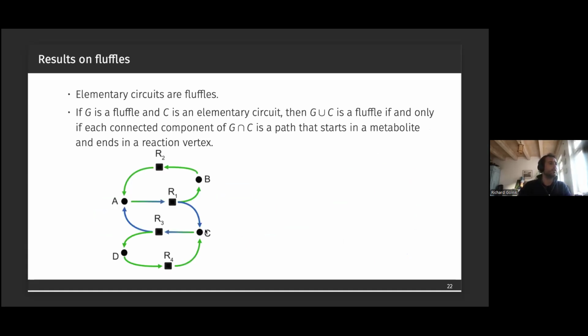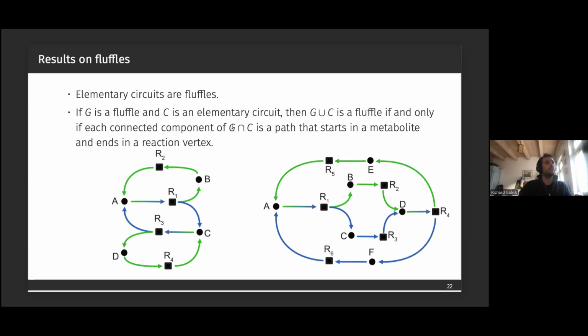I can also add another elementary circuit here, which shares this path C1, C2, R3. Each of the connected components of the intersection has to be such a path. Here, for example, the green and the blue elementary circuits have two connected components of the intersection: A to R1 and D to R4.